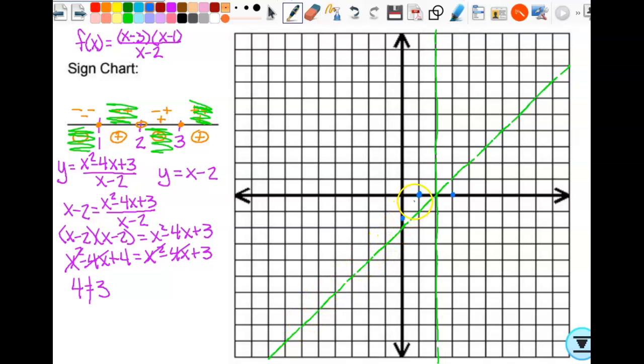It doesn't get to intersect it, and then it's going to have to hug that vertical asymptote, so it's going to look something like that. And from negative infinity to 1, my function's negative, so that makes sense. From 1 to 2, it's positive. From 2 to 3, it's negative, and from 3 to infinity, it's positive.